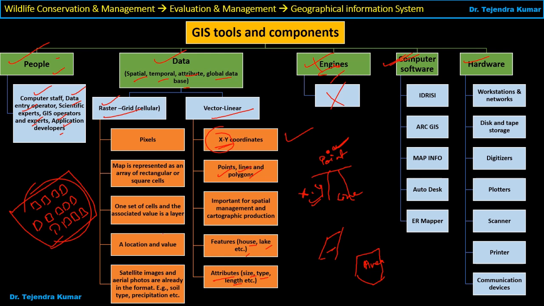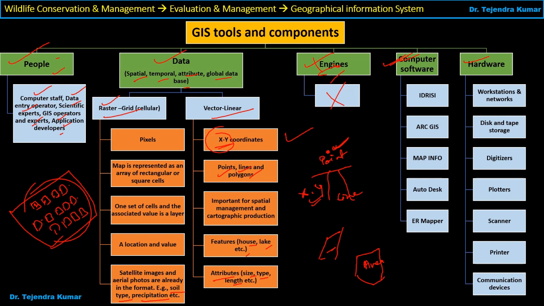Next, a location and value can be seen. Likewise, here is a location, and we are giving names to these locations. Satellite images and aerial photos are already in this format, for example the soil type and precipitation can be seen. Likewise, water bodies can be identified.